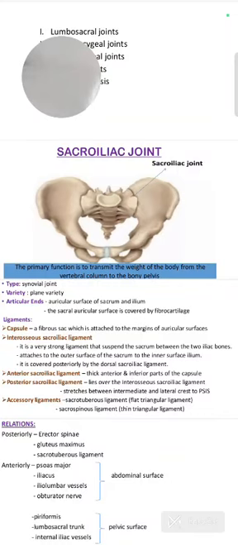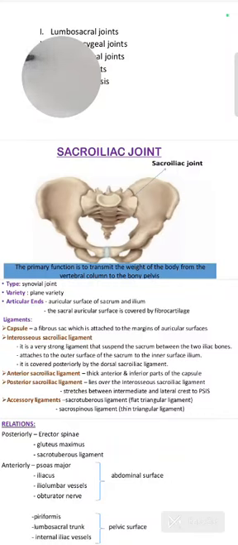It is attached from the outer surface of the sacrum to the inner surface of the ilium, and it is also covered posteriorly by the dorsal sacroiliac ligament or the posterior sacroiliac ligament.